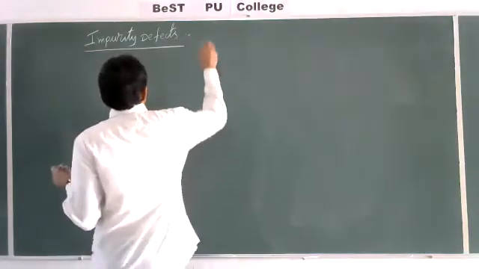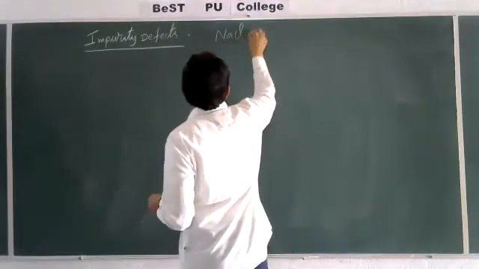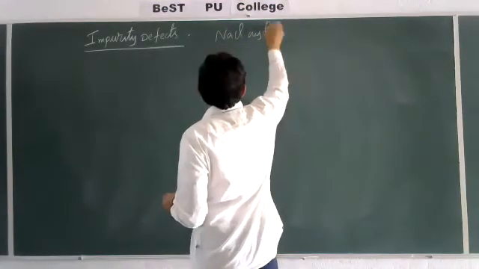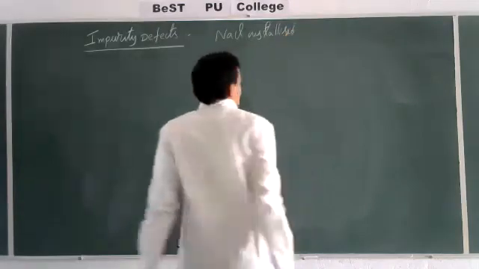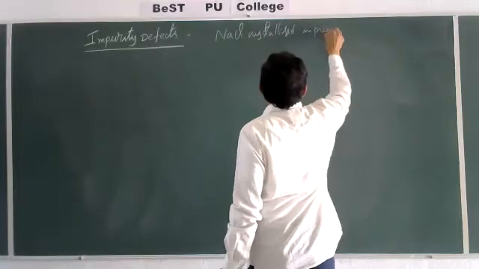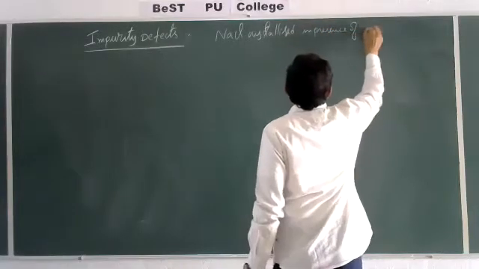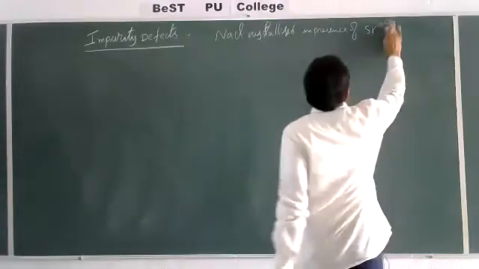For example, when NaCl is crystallized in the presence of Sr plus 2, meaning SrCl2.